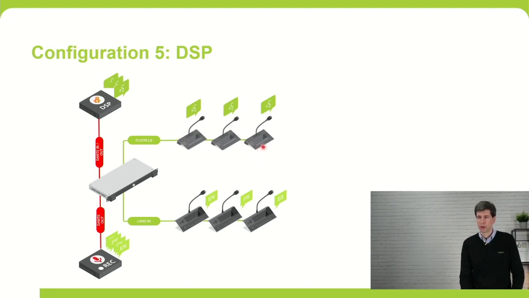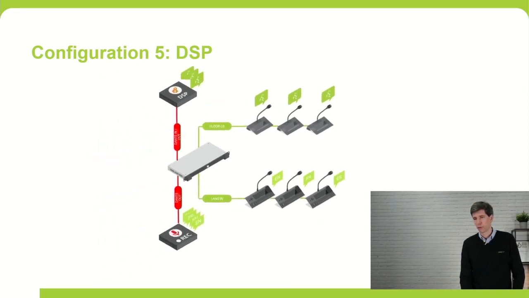While in the previous one we sent the floor to the DSP and sent one signal back to all speakers, now we send all the microphones available here towards the DSP, process it here, and send it back towards the speakers. So we can do zoning, auto gain, and so on externally, also just by selecting this DSP feature.